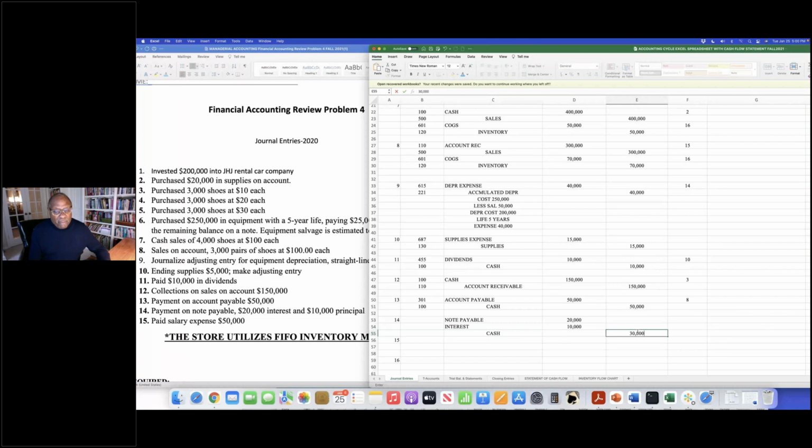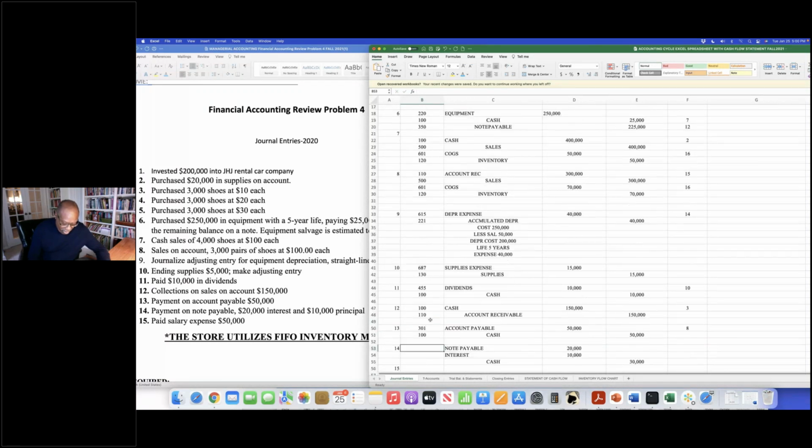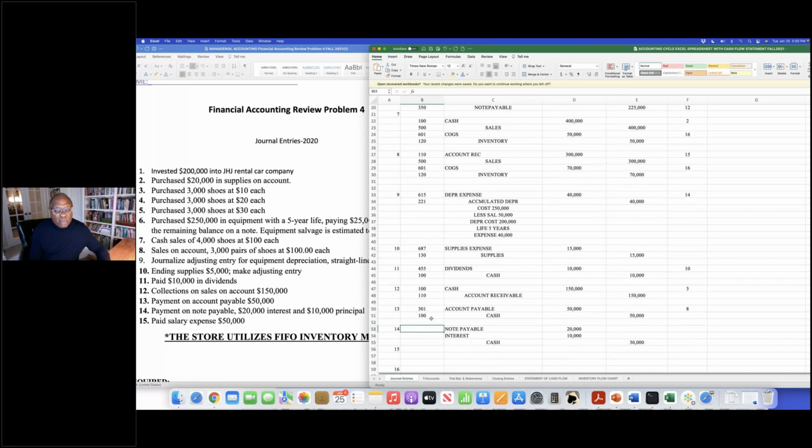What's our account number for note payable? 350. Interest expense, 680. Cash, 100.